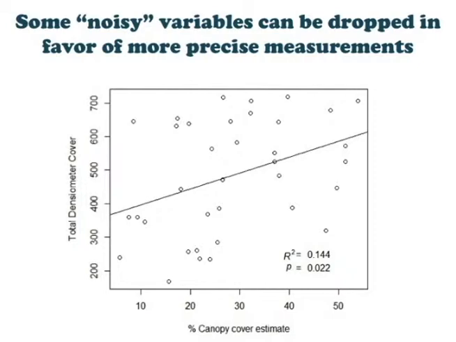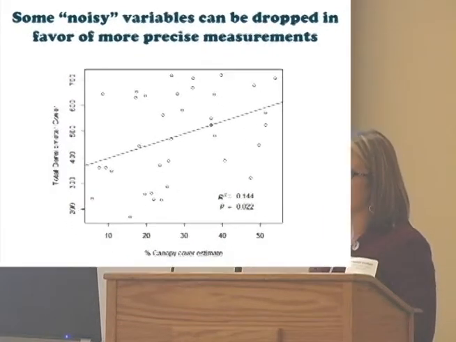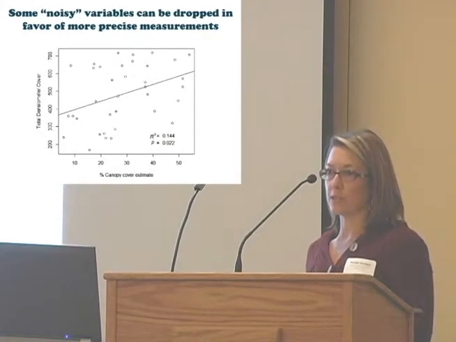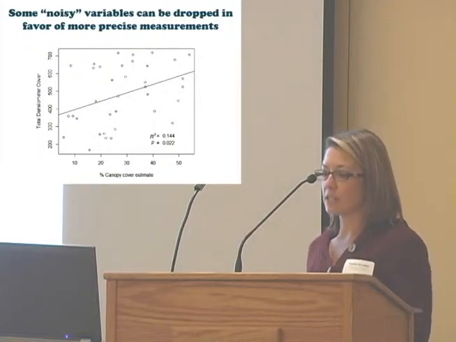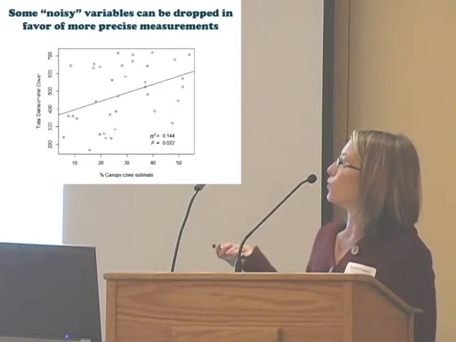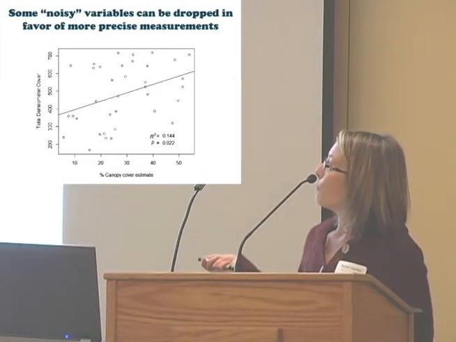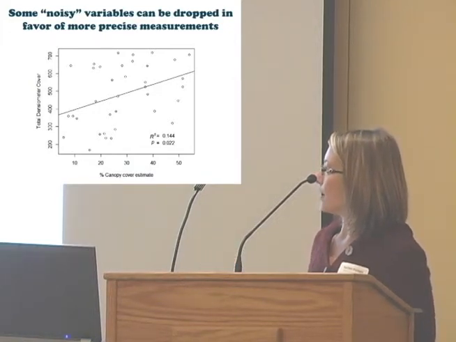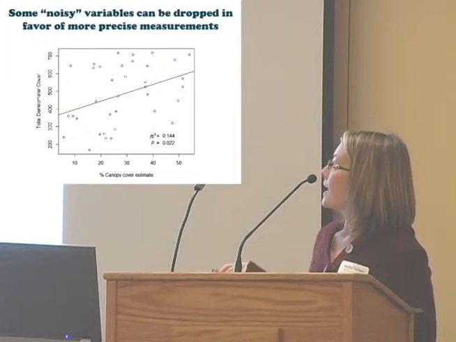It's telling us the same thing, but with discrete numbers that are less open to interpretation. As long as our volunteers are well trained in using a densiometer, we can rely on this more confidently than we can rely on the percent canopy cover. It's a loose correlation, but it is significant. And so in trying to have some variable reduction and a little more confidence, we're inclined to go with the densiometer cover.